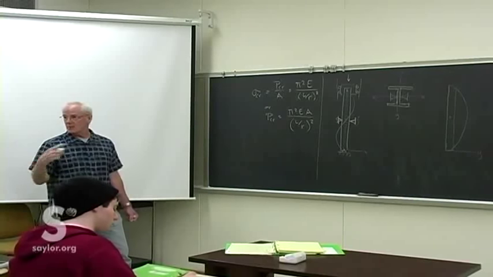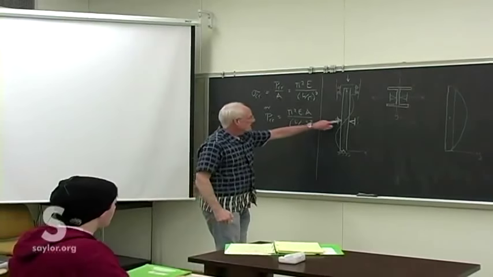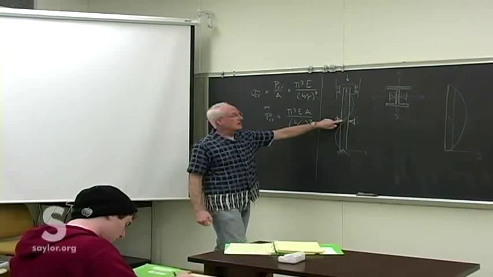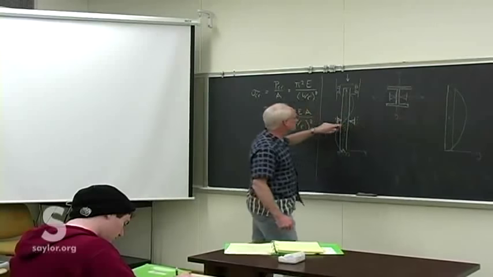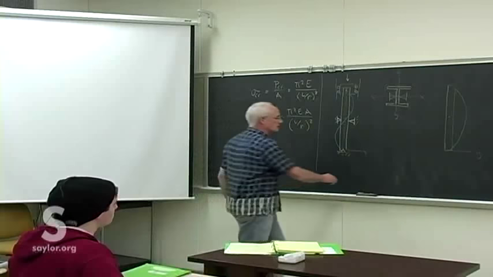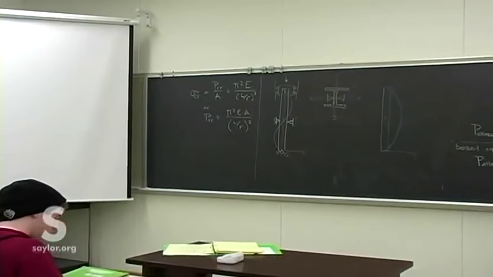So we have to investigate both of those modes of failure. This is, all other things being equal, much less likely, because it'll fail in this way first, but it's not a symmetric beam in the two directions, so we have to look at both of the possible modes of failure.